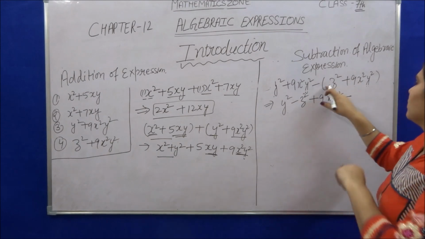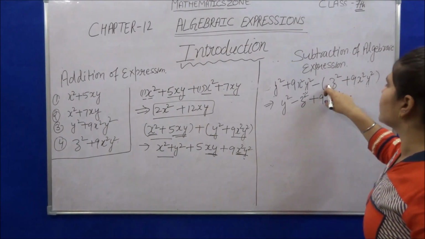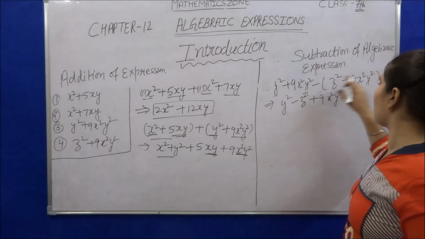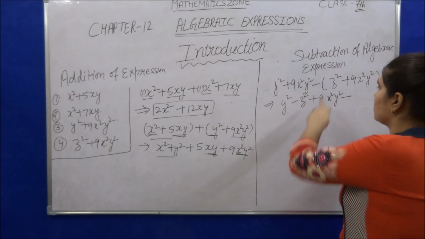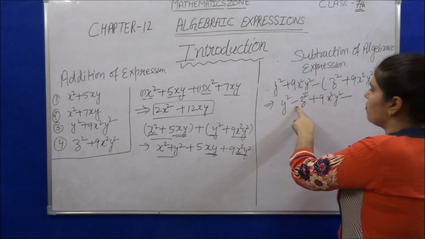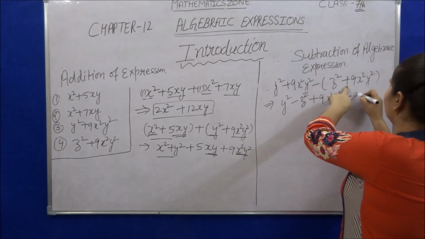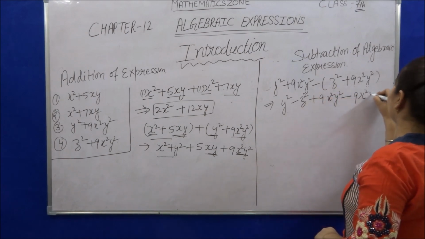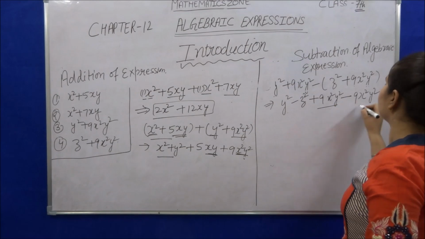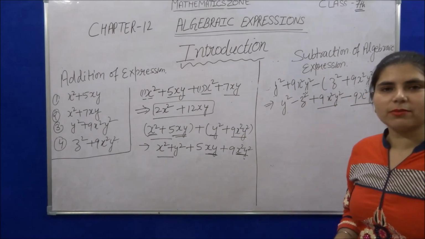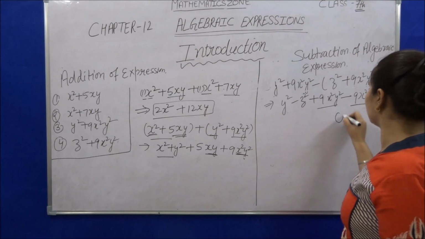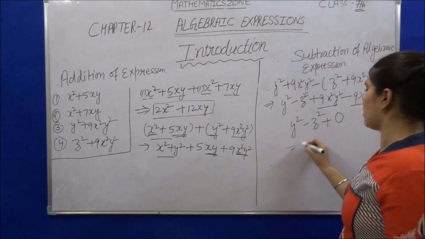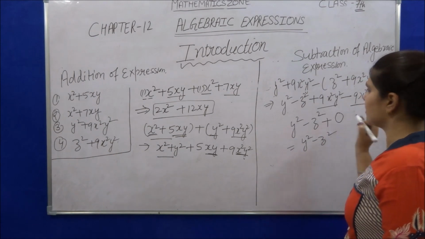Here a positive sign was present, because a negative sign is present before the bracket, so all the signs will be changed. So plus will be changed into minus. Here also plus will be changed into minus, because minus times plus is minus. So 9x square y square minus 9x square y square will be 0, y square minus z square plus 0. So our answer will be y square minus z square.